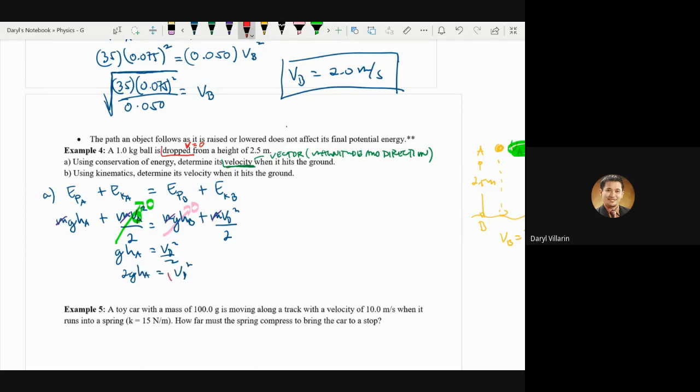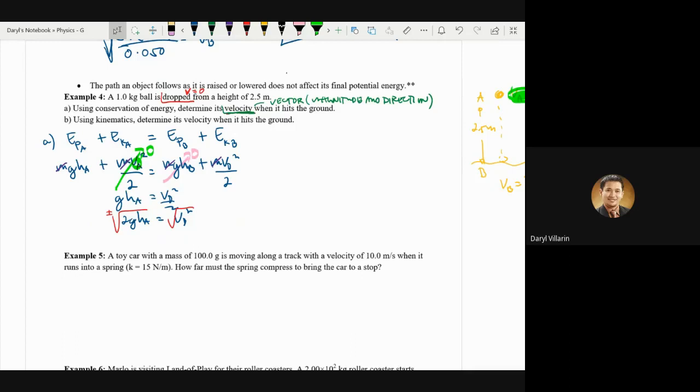So taking the square root of both sides, again, plus and minus. In our convention, it's moving downward, so we just use the negative sign for that. That means this is negative something.